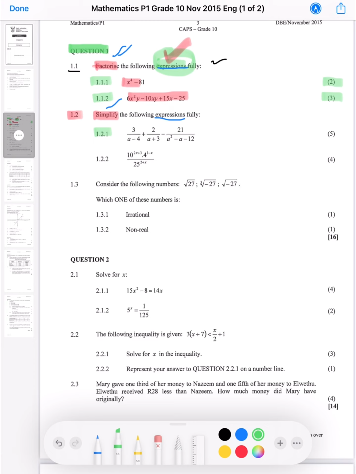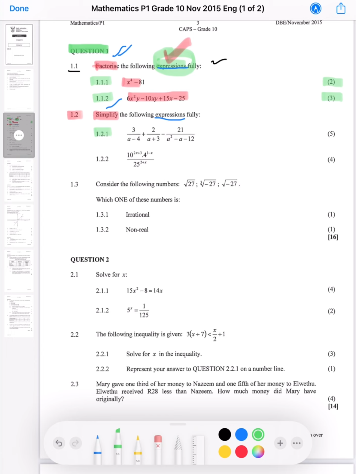A maths problem is made up of a sign, a number, and a letter. But sometimes you could have a sign and a number. Sometimes you can have a sign and a letter. Sometimes you can just have a number. So we know that we are dealing with maths. Therefore, we need to follow mathematical procedure to either solve, simplify, factorize, or whatever an instruction would want us to do.